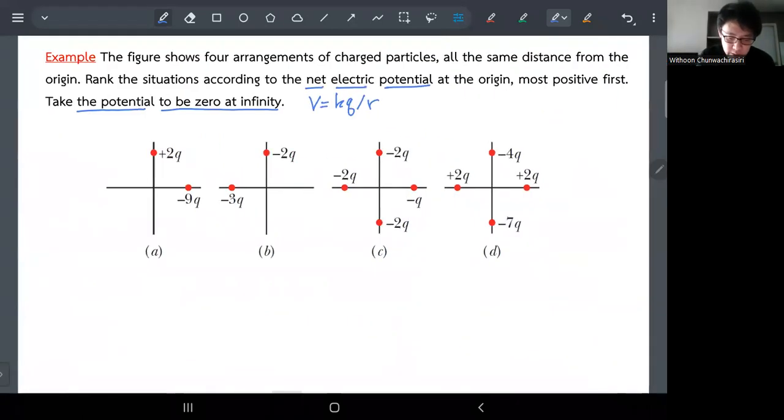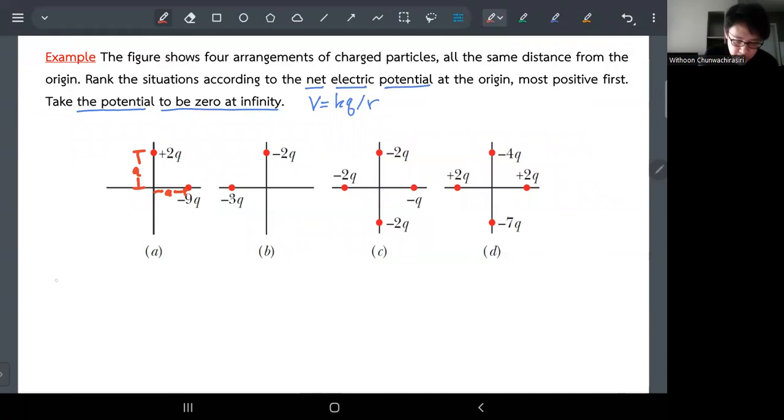Let's take a look at this one. Part A, you have plus 2Q and minus 9Q. Let's say the distance over there is A, just a parameter.